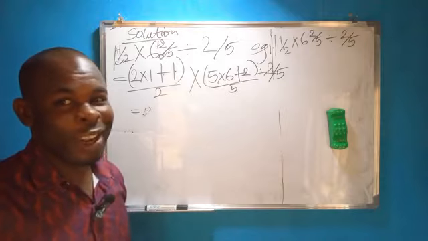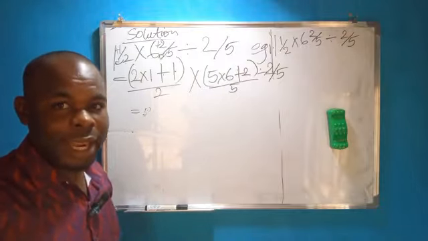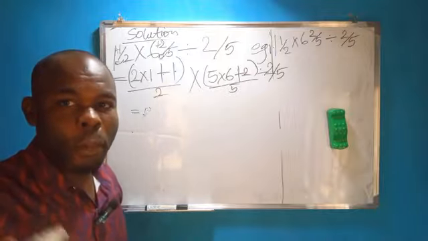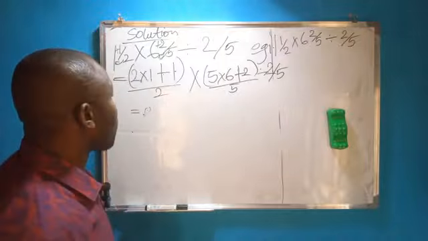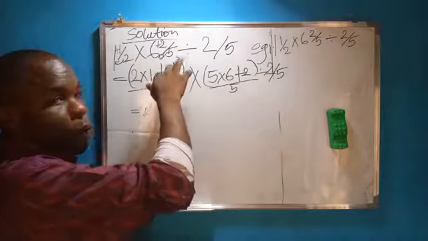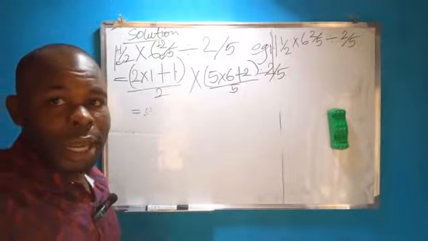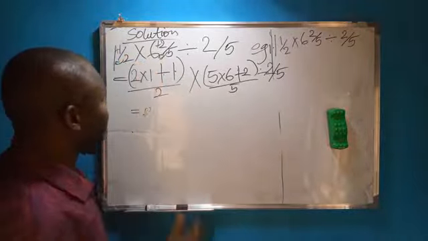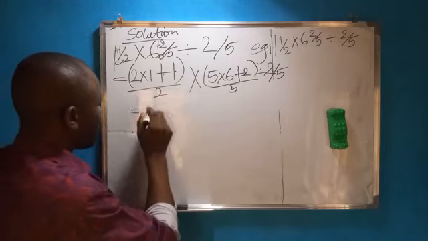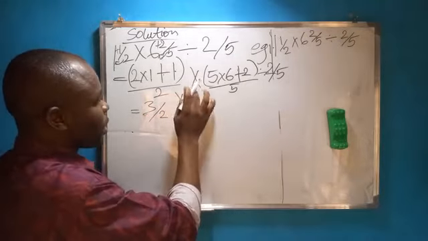It is wrong now, because we have disobeyed Bodmas. But if we follow Bodmas in its sequential order, we get 2 times 1 first and add 1, and it will give us 3. Then what we have here is 3 over 2 times.